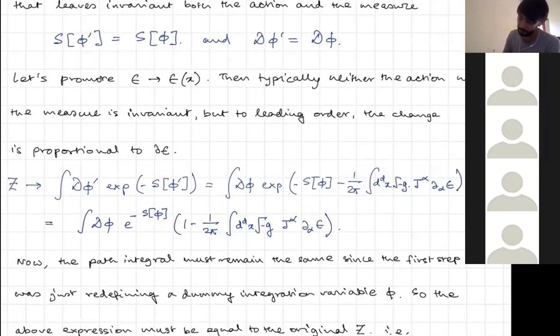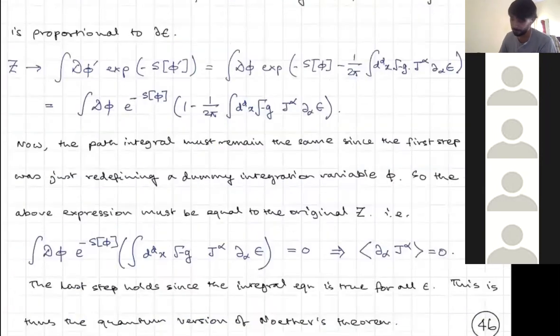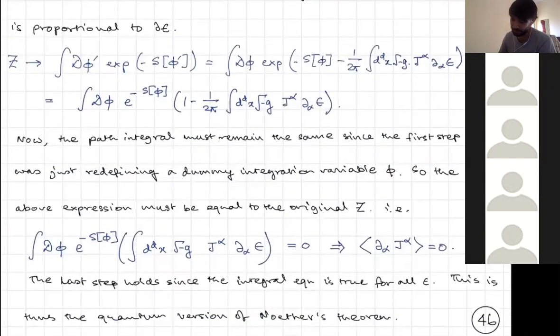So this expression that we have has to be equal to the thing that we started off with, that is the z. So this change that we have has to go to 0, right? So this has to go to 0.